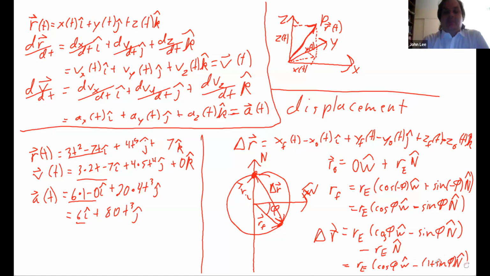So that's just going to give you your displacement vector, the change between the two vectors, in terms of the radius of the Earth and the angle of your second vector.